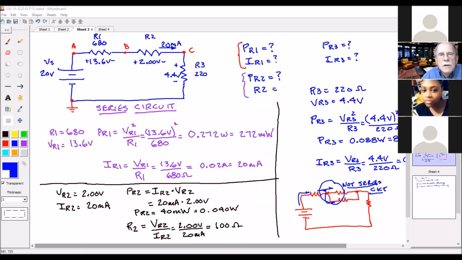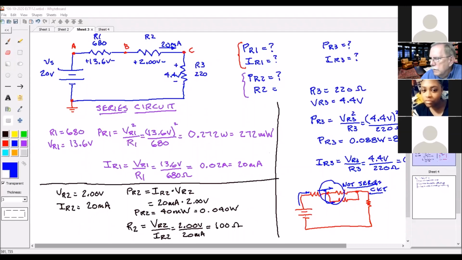Because the voltage is going to drop as we go through the circuit. We'll see that in a couple of minutes. So the way to determine it, the end of the component where the current enters.